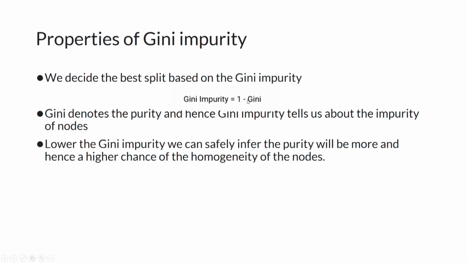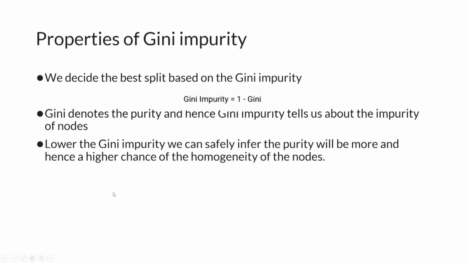It is defined as 1 minus Gini, and Gini denotes purity, and hence Gini impurity denotes the impurity of the node. So, using Gini impurity or Gini index, we are trying to find out which node is more impure. The lower the Gini impurity, we can safely infer the purity will be more, and hence higher chances of homogeneity of the node.